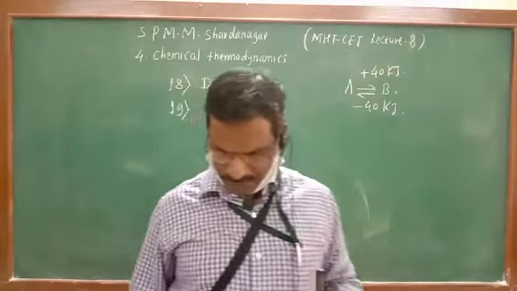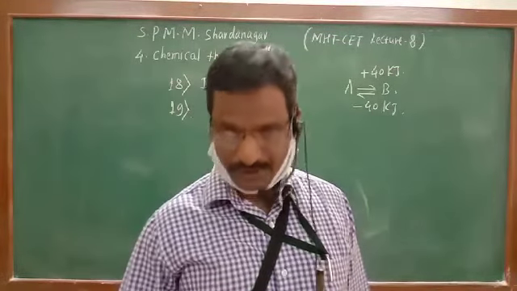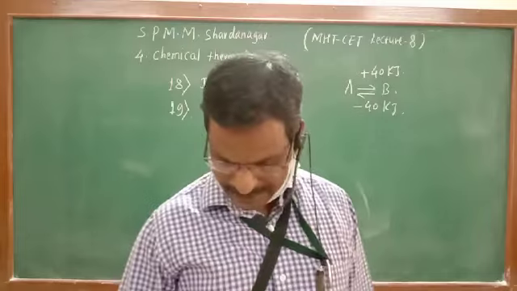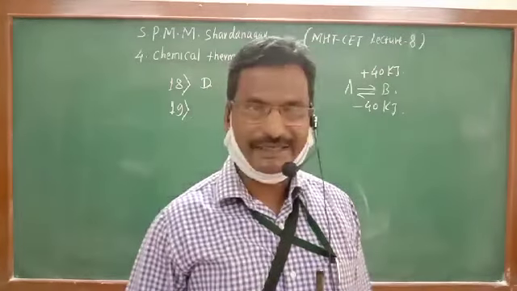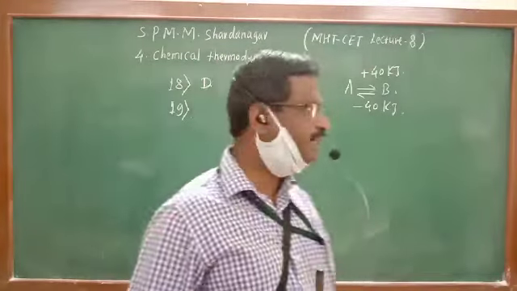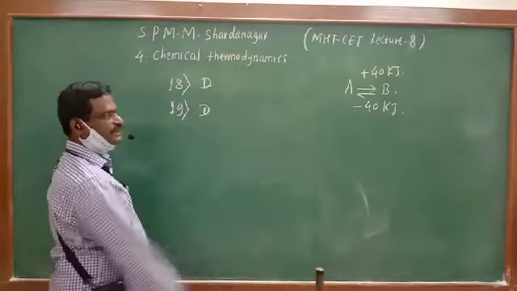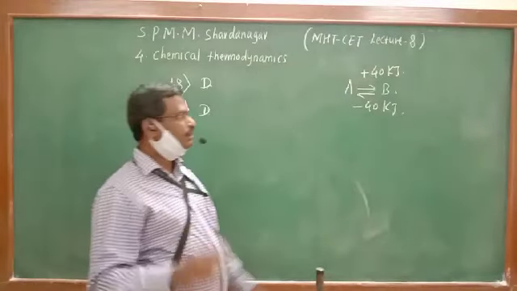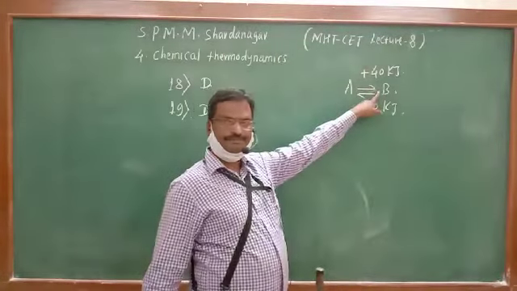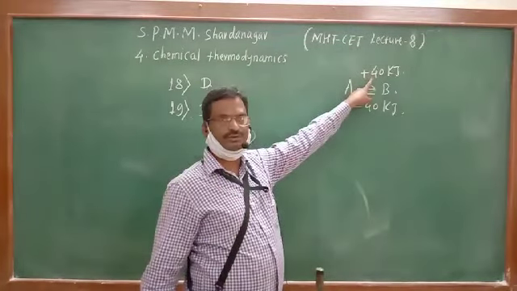Now they have given 4 options. Option A is 40 kilojoule, B greater than 0 kilojoule, C less than 40 kilojoule, and option D is 0 kilojoule. So the last option is correct. You got it? Whenever A is converted to B, the change in internal energy is plus 40 kilojoule.